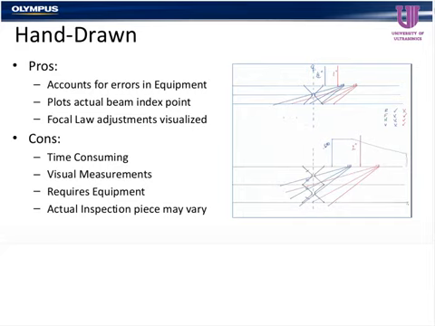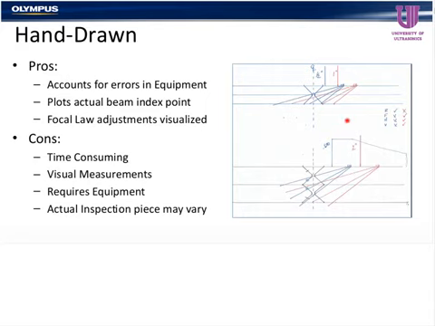So it requires you to physically measure the part and translate that to a drawing, and it also includes physically using the actual inspection equipment. So you're looking at beam plots that were measured from an actual transducer. The front of the wedge was plotted, and the actual exit points were plotted.